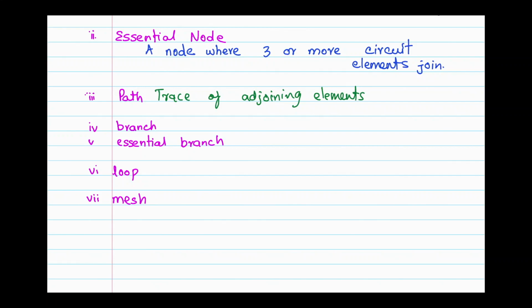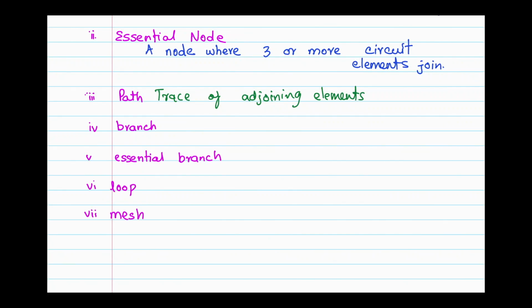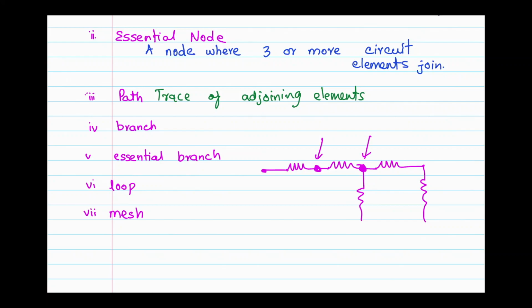Okay, now what is a branch? A branch is nothing but a path between two nodes. Now let's say, what is a node? Remember, a node is nothing but a point where two or more circuit elements meet. Okay, so this is a node, this is a node, this is a node.